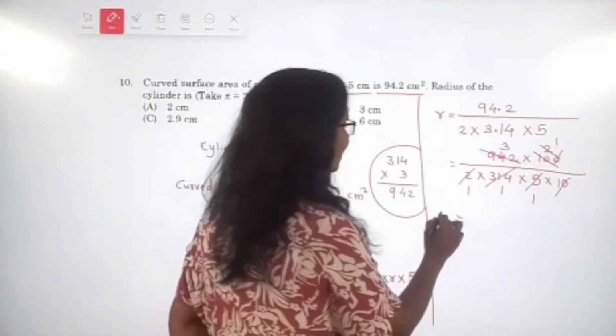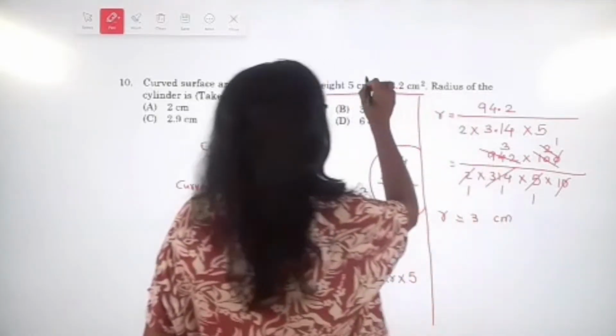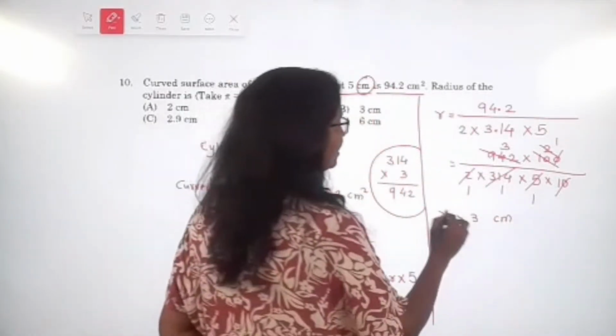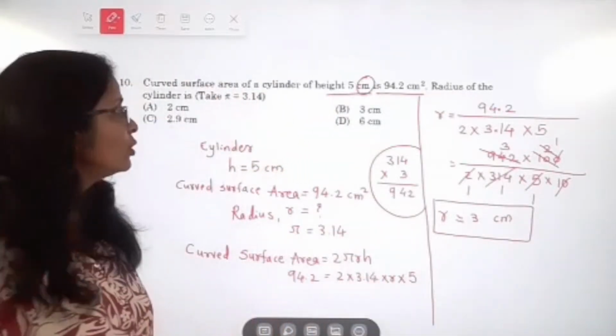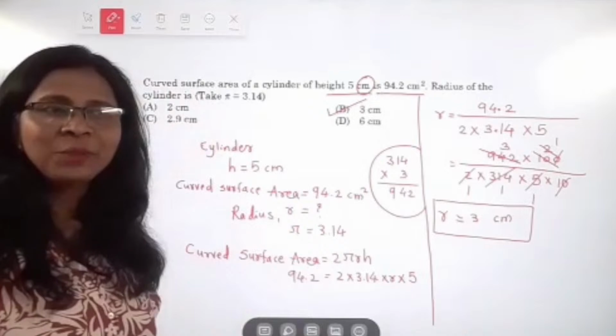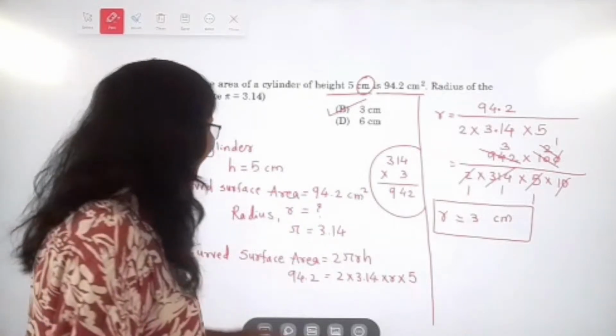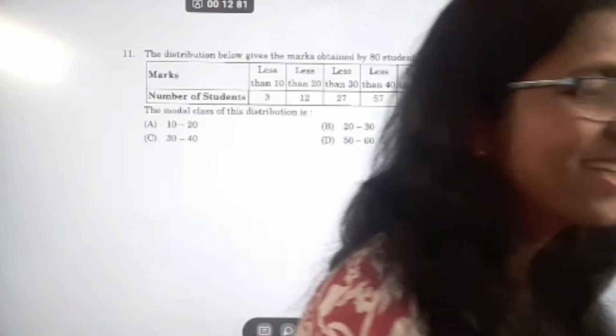So r is equal to 3 centimeter, because the height is given in centimeter. The correct option is B, 3 centimeter. Very easy example. Then the next example, students.